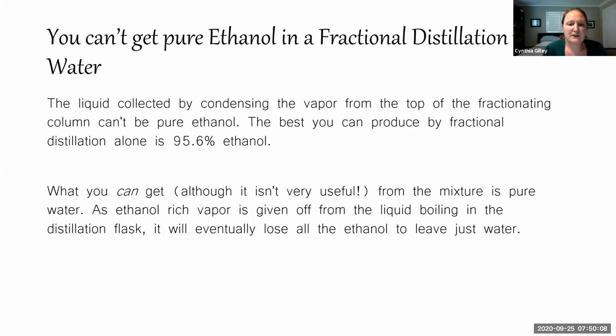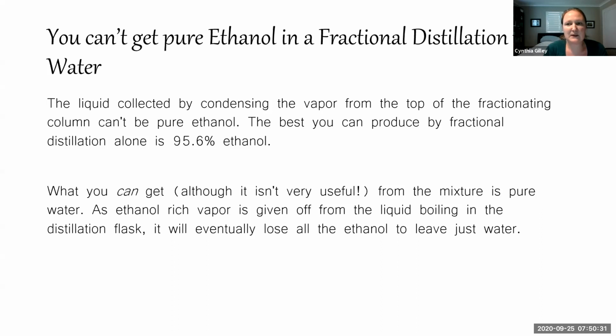For example, if a student was doing their fractional distillation and they collected a fraction and measured a density, and the density matched exactly the density of pure ethanol, that means that data is probably an error.